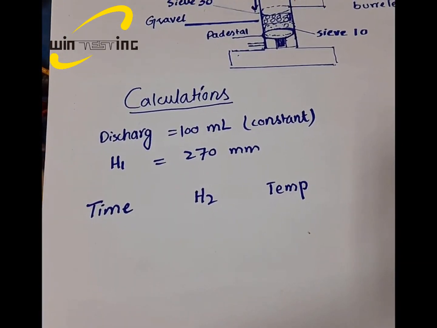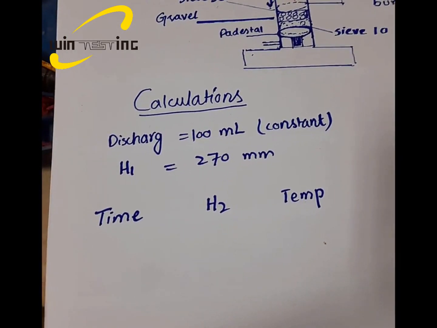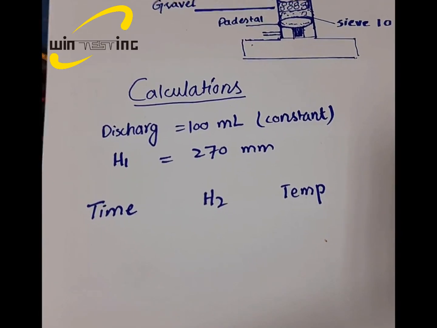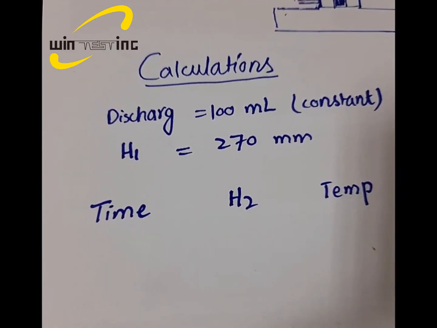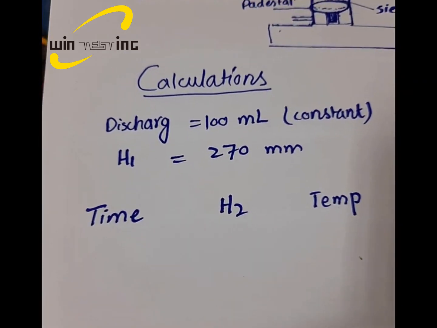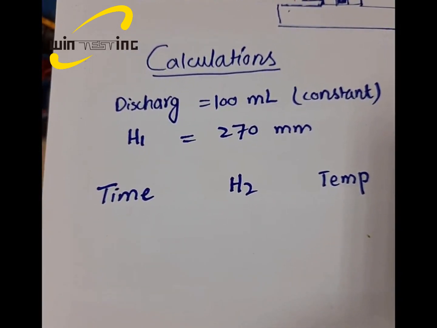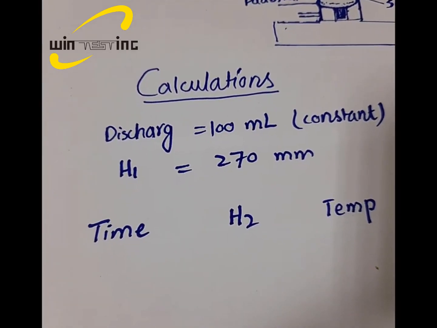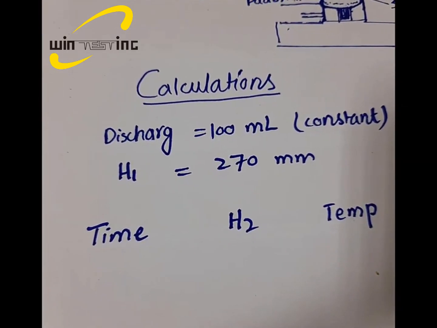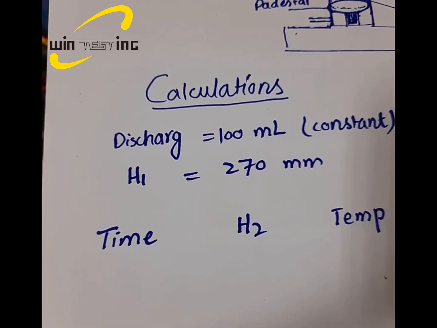To perform the test, we'll take the observations or readings. Firstly, we have the discharge of 100 ml, that is constant. We can fix the time as well, but in our case we have taken discharge as the constant value, that is 100 ml, and we have head H1, that is 270 mm.